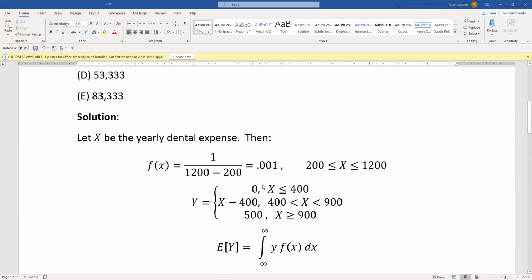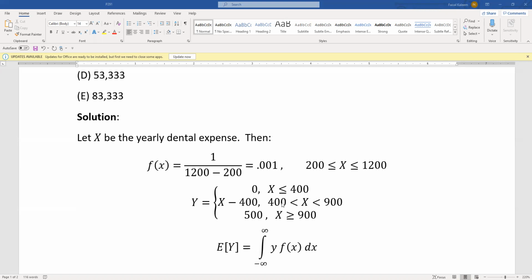Therefore, Y is 0 as long as X is less than or equal to 400. X is the expense. But once X gets past 400, then Y takes care of the excess, but not limitlessly. The maximum it takes care of is 500, which means the maximum benefit that Y provides is 500.